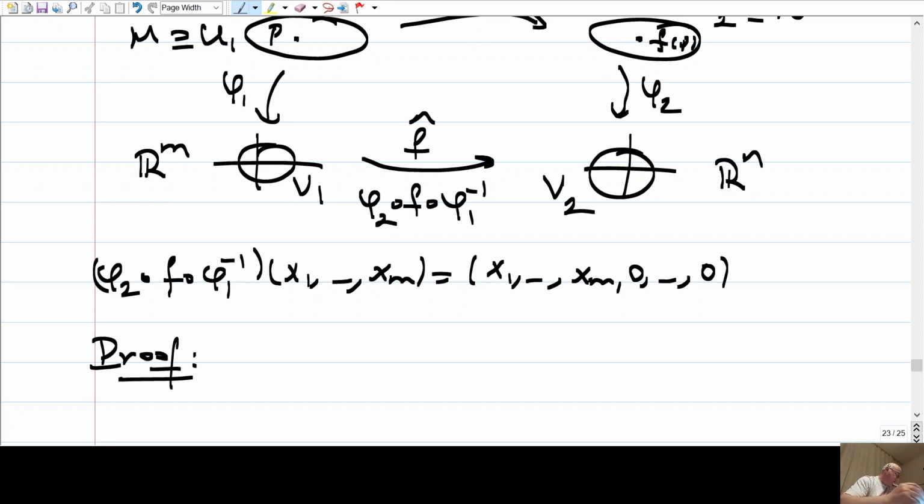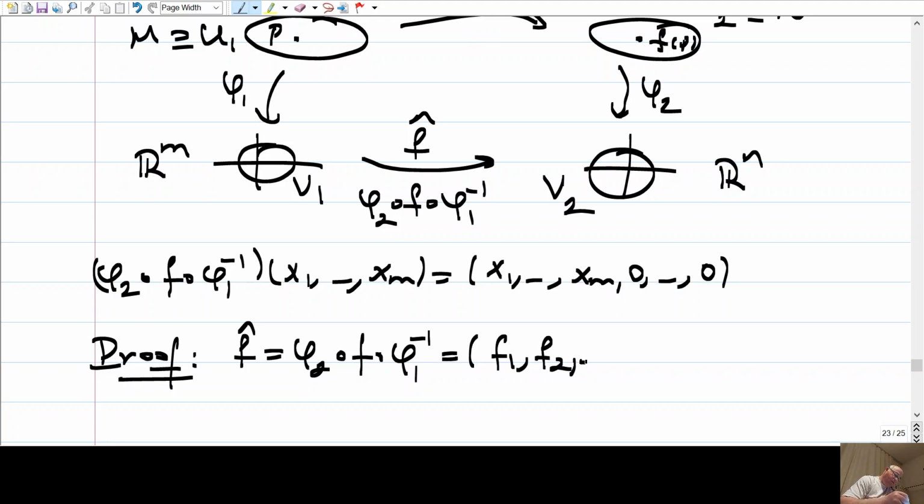That's the statement. All right, so let's say f hat, which is this composition, has coordinate functions f1 up to fm.